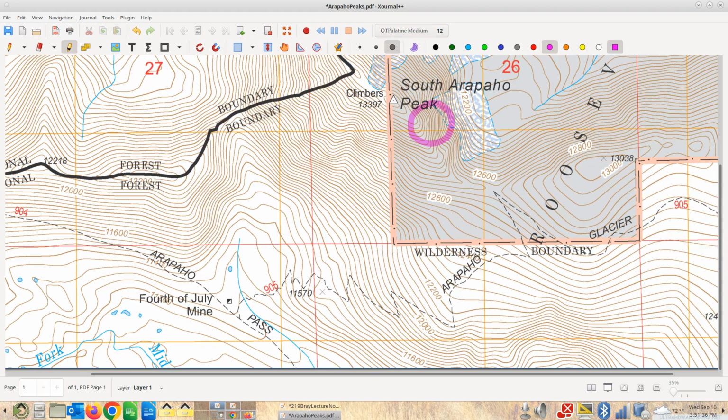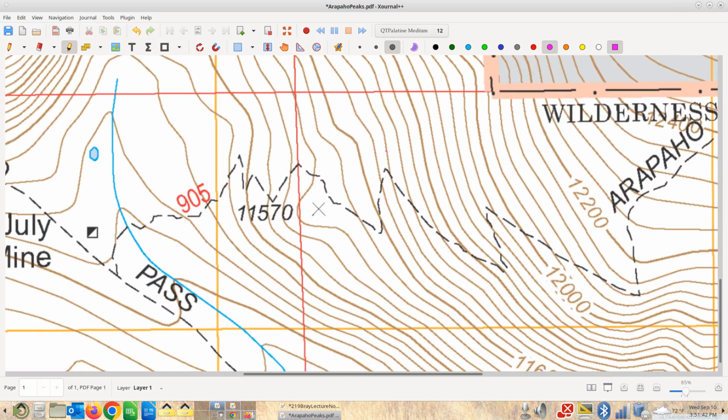I also like to point out while I'm on this page that if you look at the trail down here, it does this thing called switchbacks. And switchbacks, again, is a smart thing. It's a way of taking a steep hike and turning it into a longer but less steep hike.